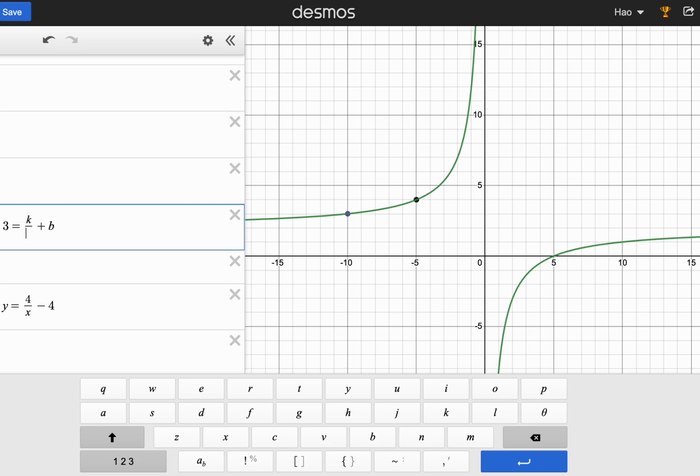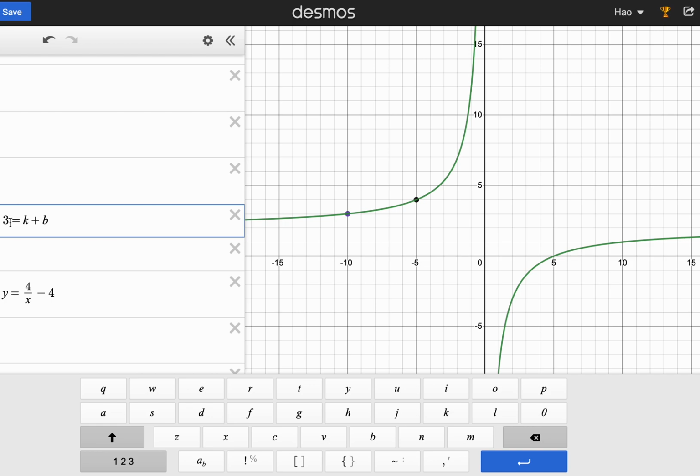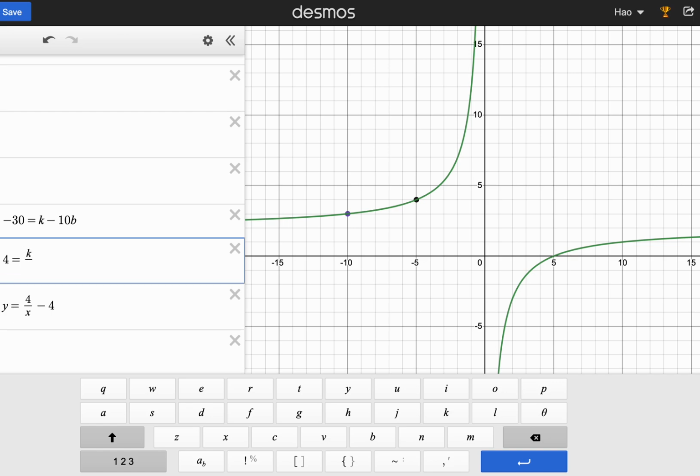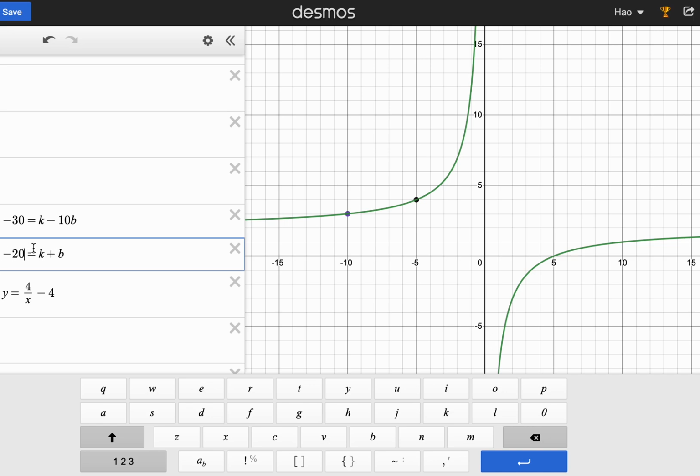If we move this over, it will become -13 and minus 10b. And the second one is (-5, 4), so 4 equals k divided by -5, plus b. Now we can also move this -5, so it's -20, and this is -5b.